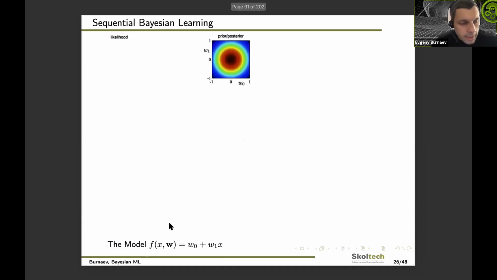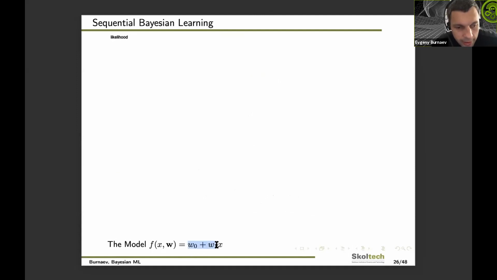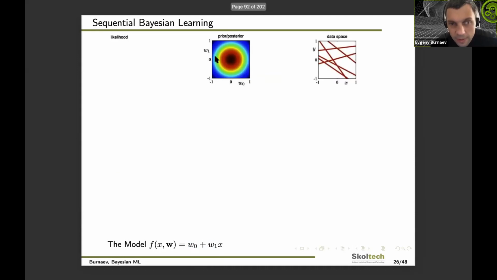So let's assume that I consider a simple linear model with only two parameters, W0 and W1. This is the prior distribution for the parameters W1 and W0. So a simple Gaussian prior. These are contour lines of the Gaussian distribution.